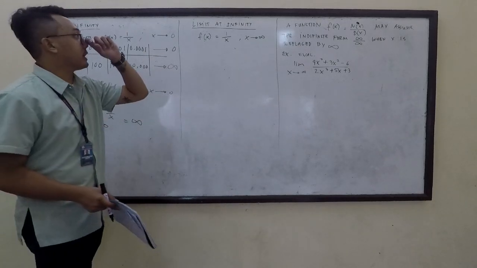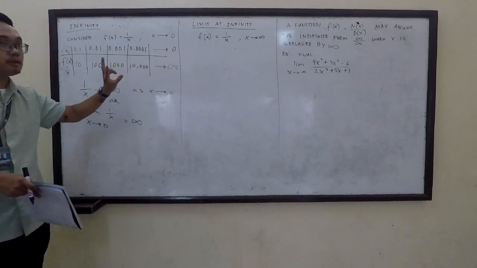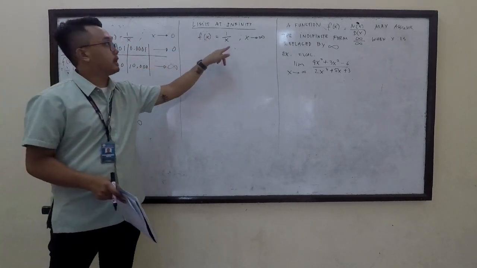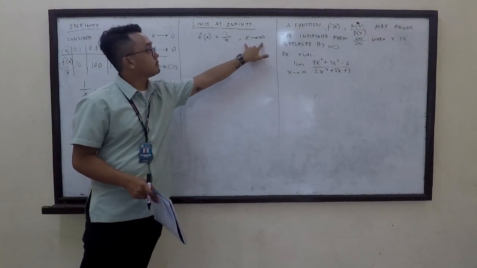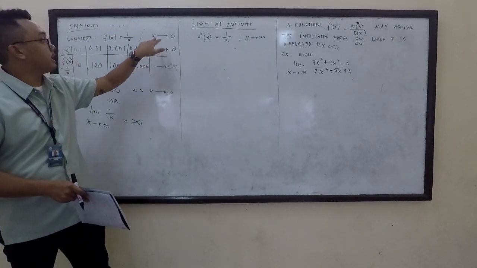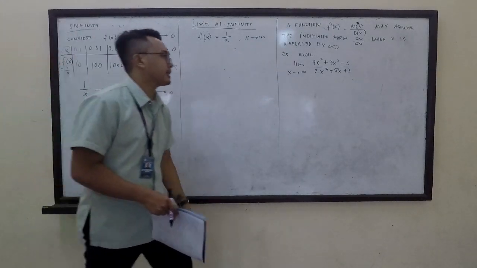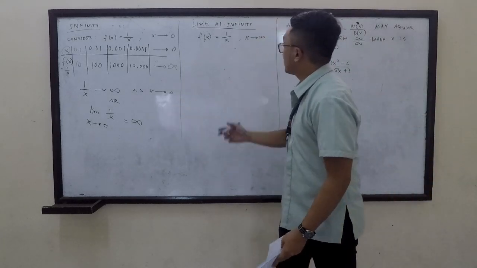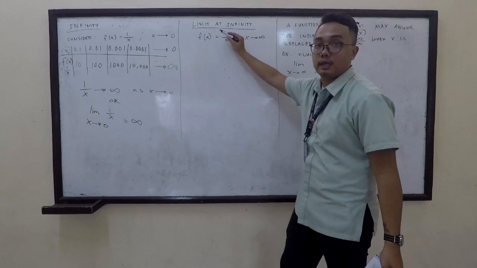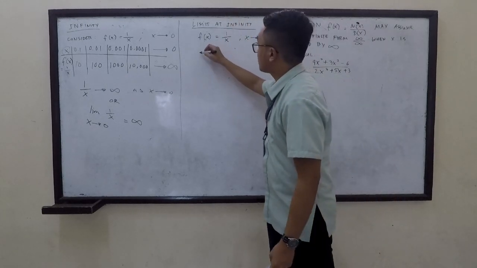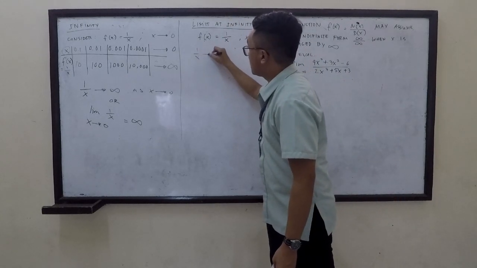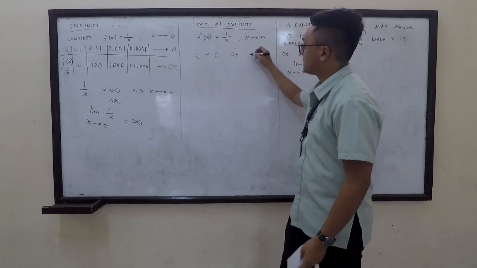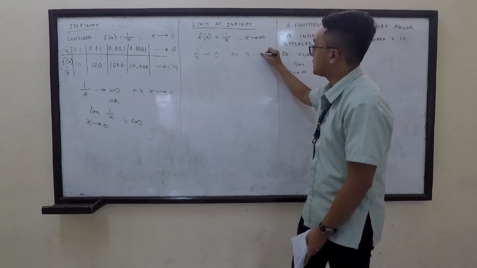Then we have limits at infinity. For example, the same function, 1 over x, but now the value of x approaches infinity, and the function approaches 0. It is the opposite of the last one. As the value of x gets larger, the value of f of x gets smaller. So therefore, 1 over x approaches 0 as x approaches infinity.